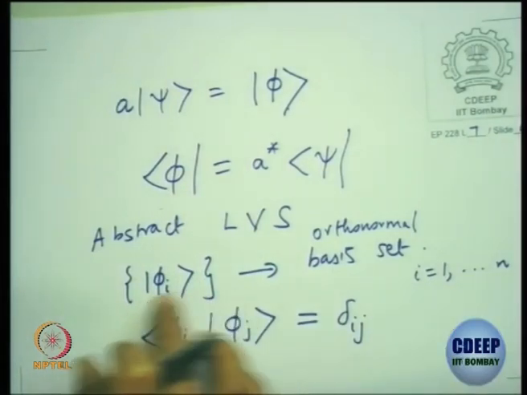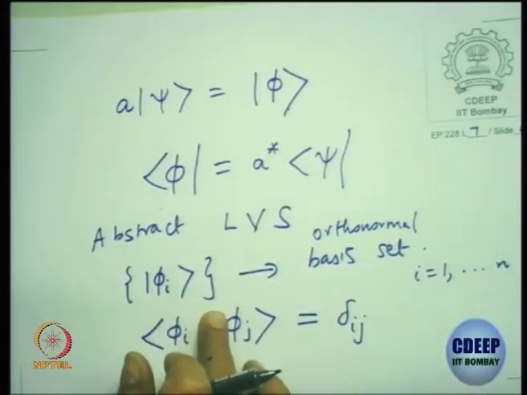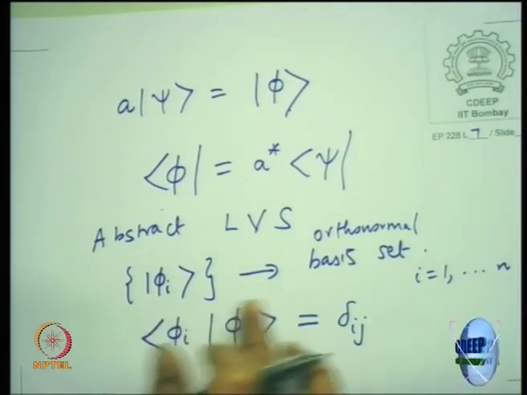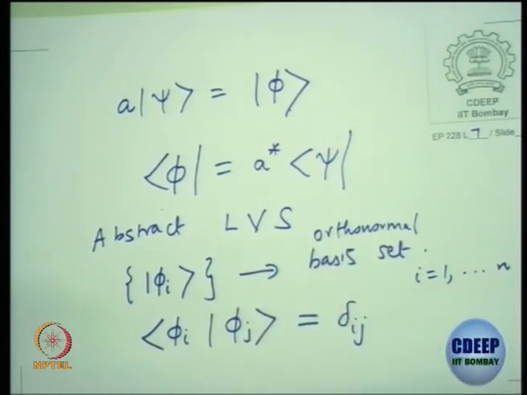If n is finite, then it is an n-dimensional vector space. Here we have taken it to be a discretized index, that could also be a continuum. So many possibilities are there.